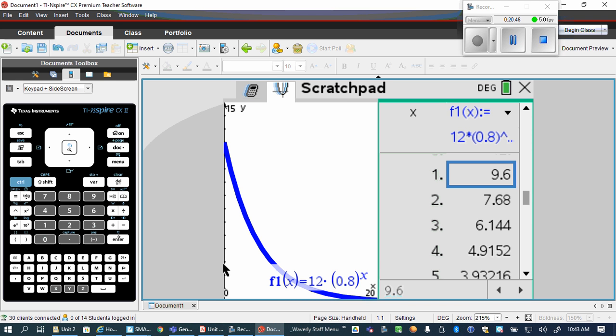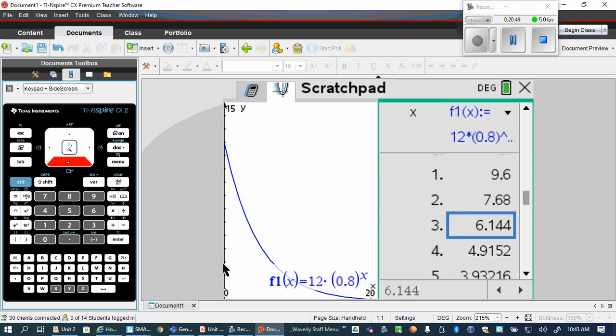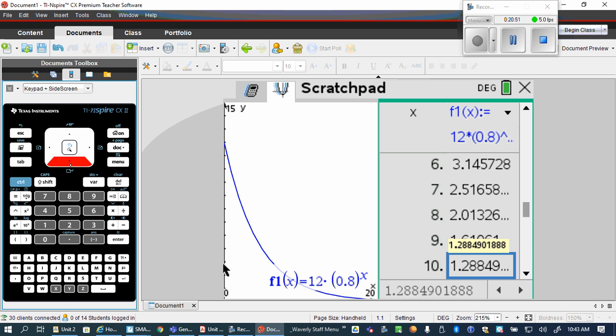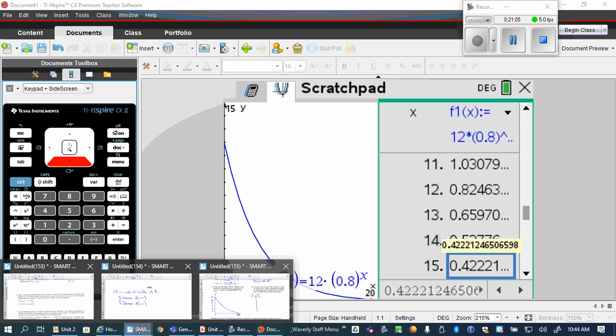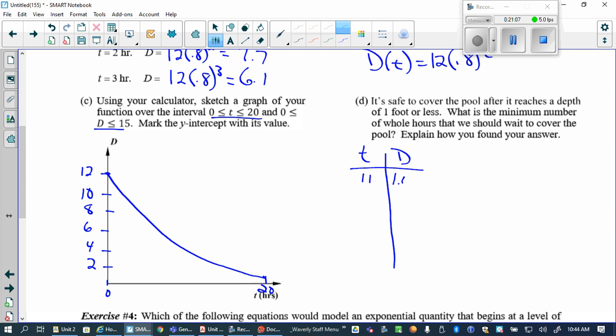First 3 hours. We want to be less than a foot. That's still more than a foot. We'll just go down and get those in there. So at 11 hours it's 1.03 feet. What was it at 12? 0.84. So we're under a foot here. How about just 0.8?